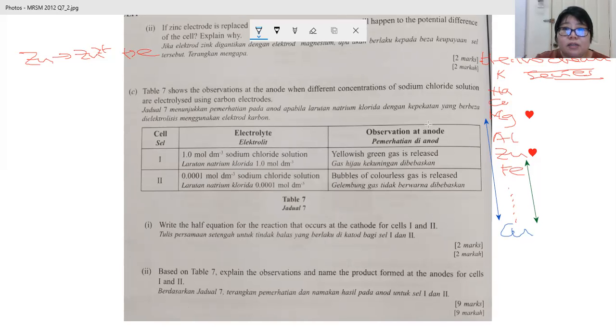Now we are going to explain why. So what is the explanation? The explanation is this. The answer is here. We are going to talk about the distance.